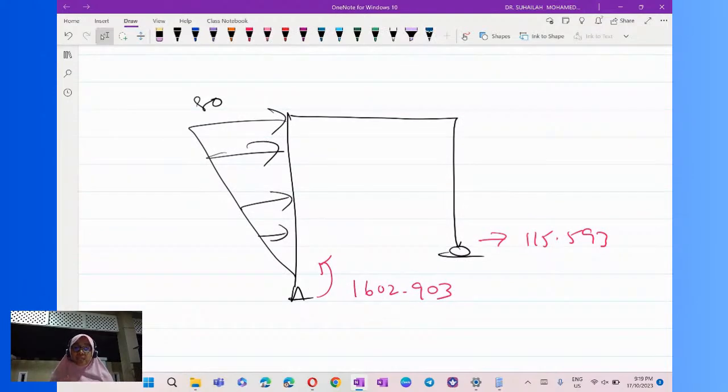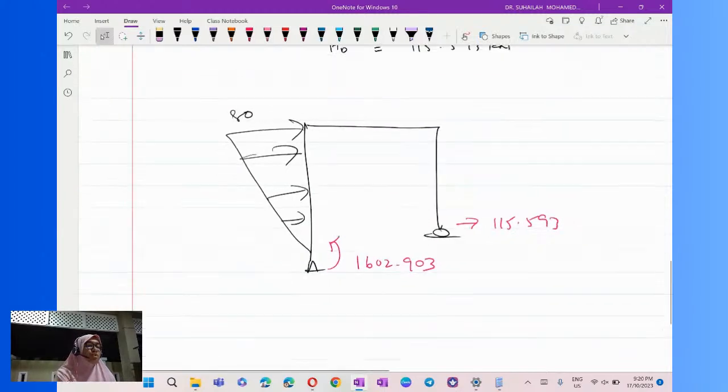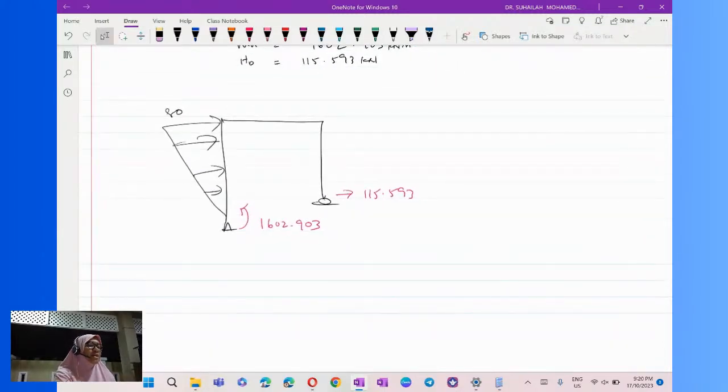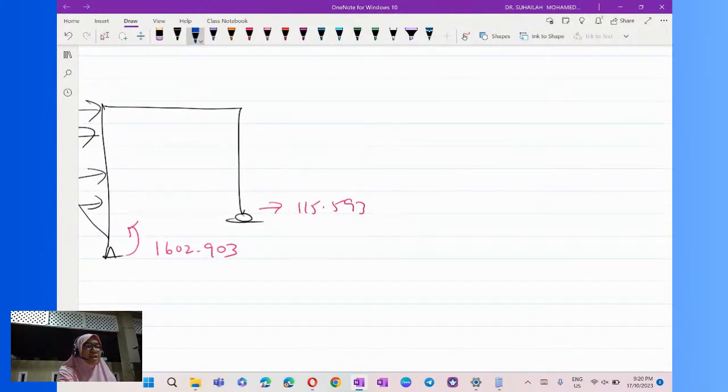Now we can continue to calculate the remaining reactions. To calculate the remaining reactions, we have two options: either we calculate using equilibrium equations, or we calculate using the principle of superposition.